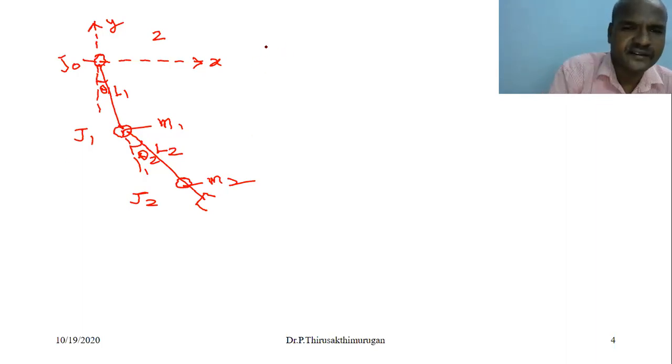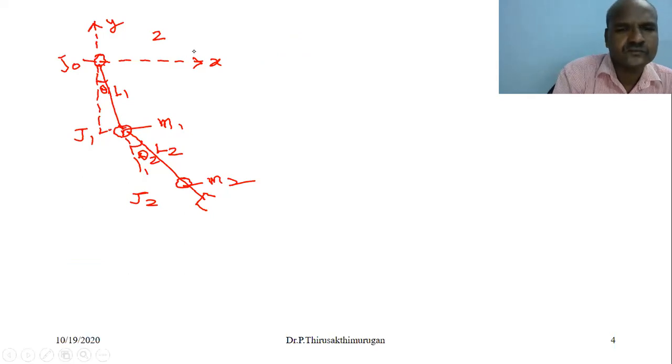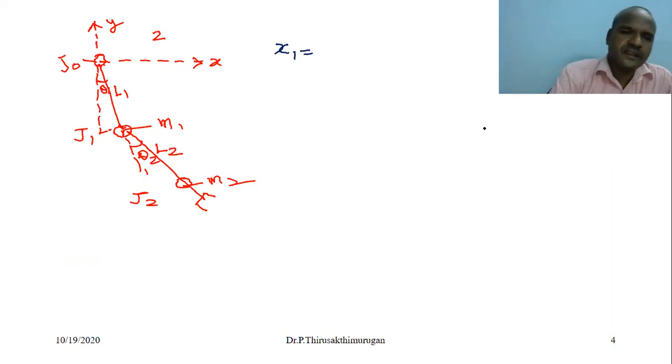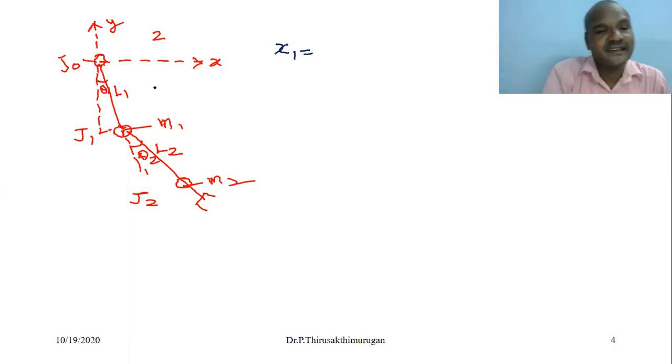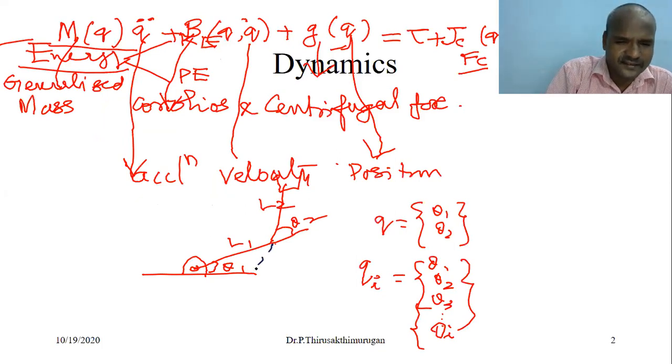So what is x1? X1 is the length with respect to this. So this is x1. In the previous 2 degree of freedom robot, x1 is this distance.